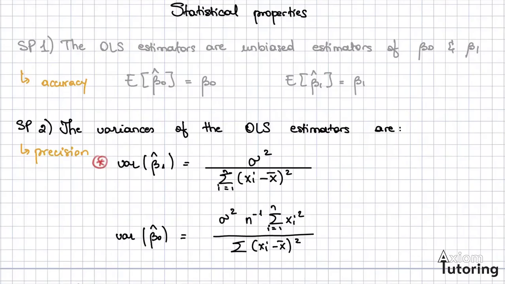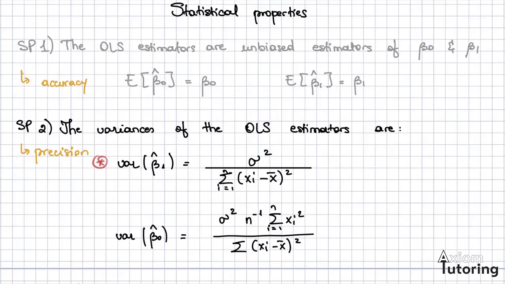We will also complement it by reiterating once again what the assumptions are that we need to get to the statistical property. For the first statistical property in the previous video, we showed that we need 5 very important assumptions, which include linearity, random sampling, variation in X, the zero conditional and unconditional mean.